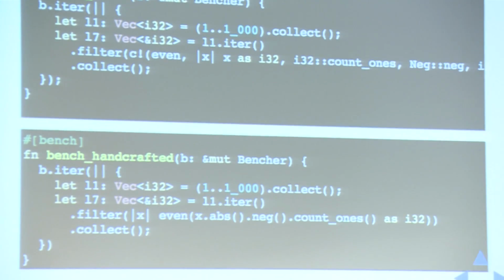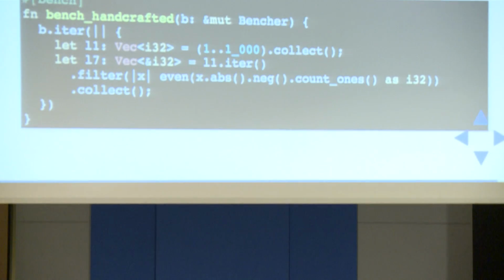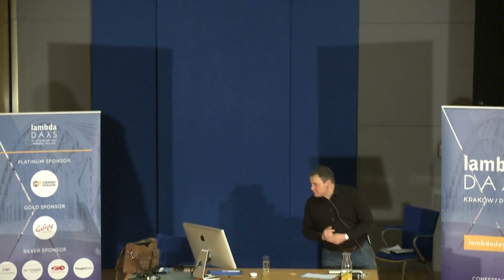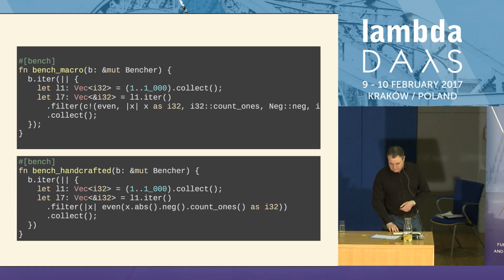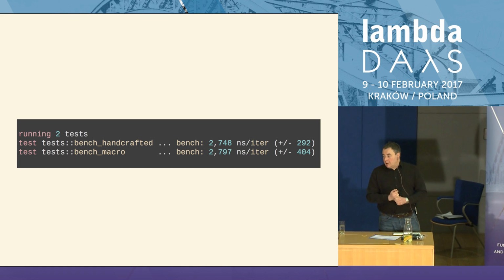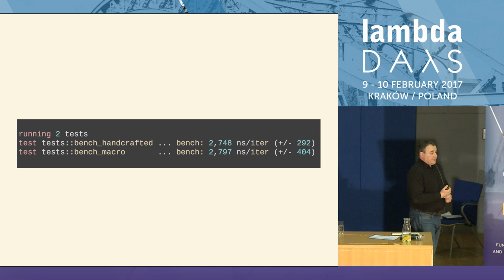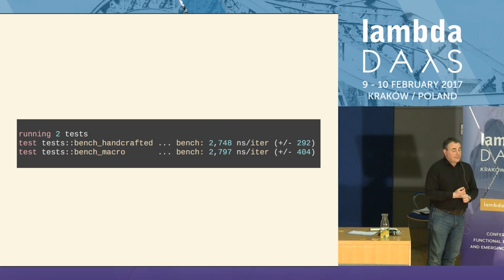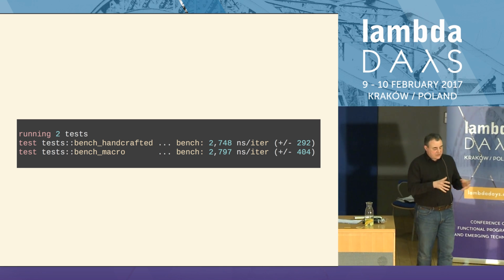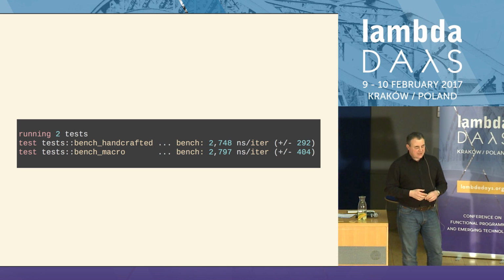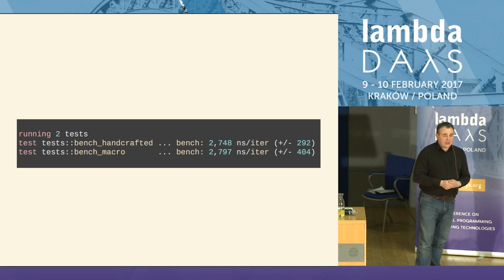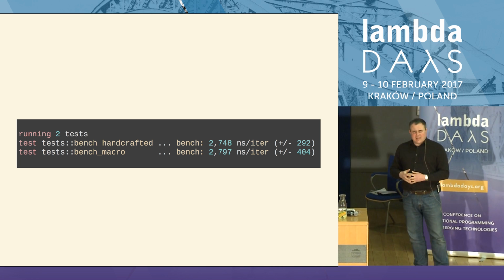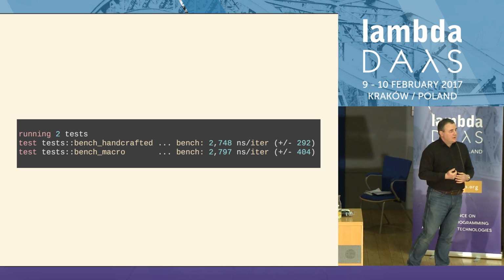So I created two tests to benchmark handcrafted code on the bottom and the macro on top. And they are pretty much the same in terms of performance. The Rust compiler can see that all creation of closures and application is only temporary, and it will optimize it out and pretty much produce the same code in both cases.